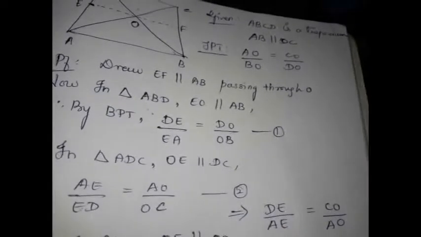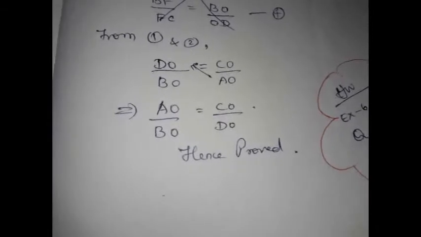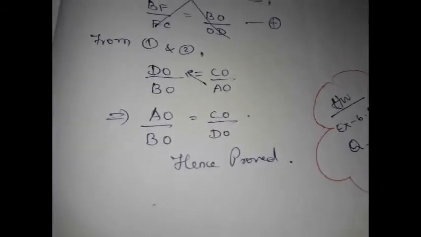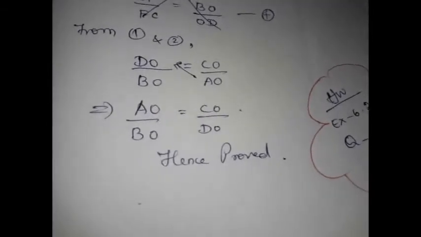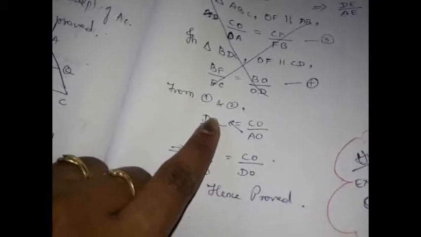So from 1 and 2, we infer the left-hand sides are equal, so we can equate the right-hand sides. We get DO by BO is equal to CO by AO. But we need to prove AO by BO is equal to CO by DO. So cross multiply: bring this AO to the other side and DO to the other side of the equation.